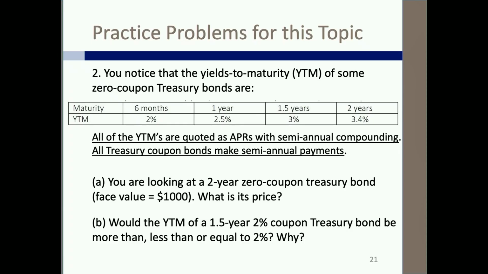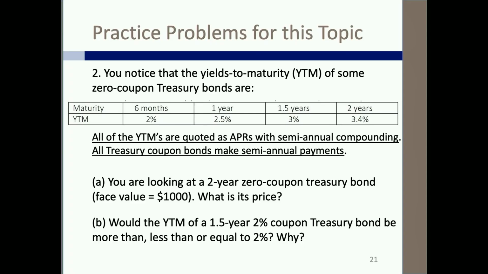Good, let's go back and do the next problem. You notice that the yields to maturity of some 0 coupon treasury bonds are given by this table below. All of the yield to maturities are quoted as APRs with semi-annual compounding. All treasury coupon bonds make semi-annual payments. A says, you are looking at a 2-year 0 coupon treasury bond, face value equals $1,000. What's its price?